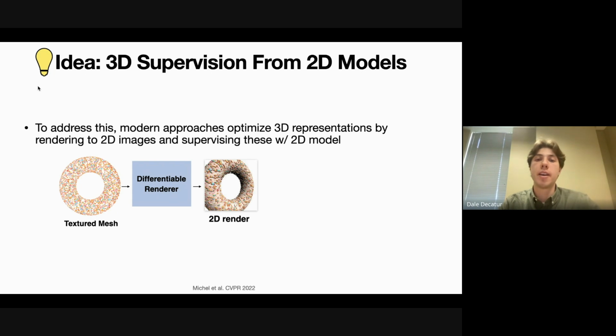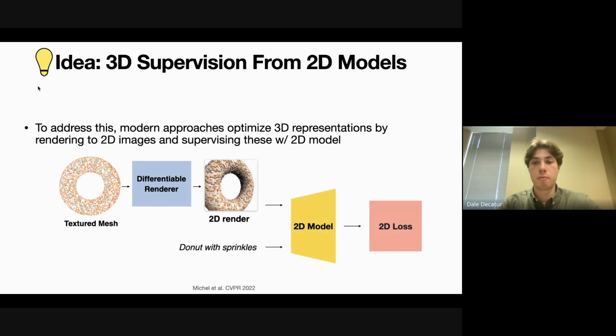Then, once we have that image, we can use some pre-trained 2D model to supervise that 2D image given some text. If we have some way of getting gradients for the 2D image, because we differentiably rendered it from our 3D representation, we can backpropagate those gradients all the way back to the 3D representation. That's the common approach that a lot of these methods use to optimize their 3D representations using 2D models.